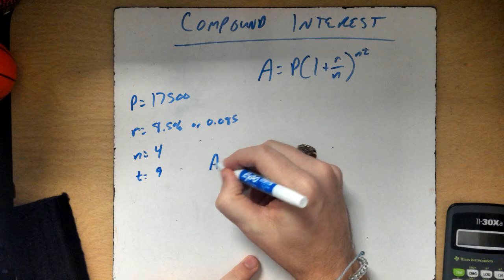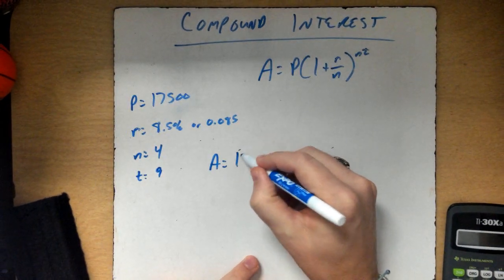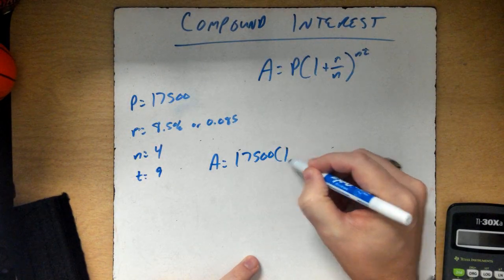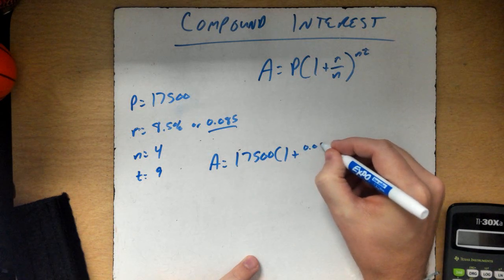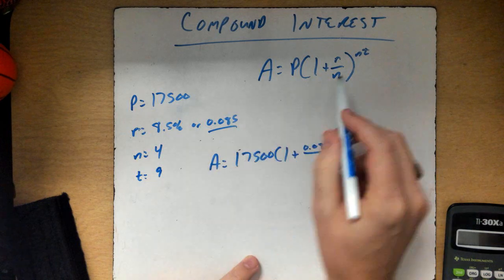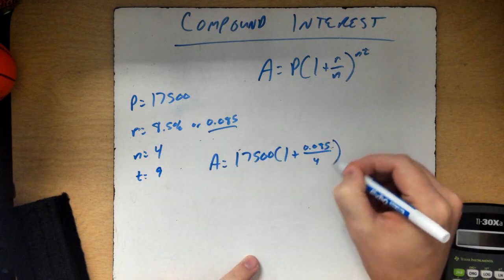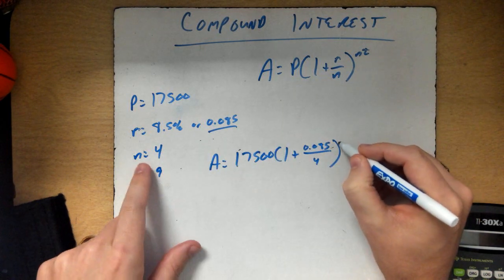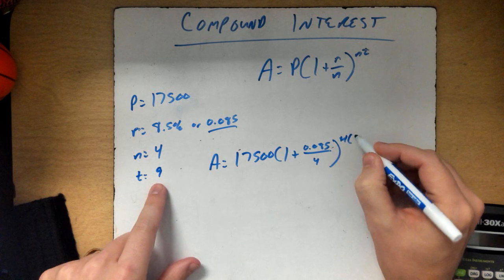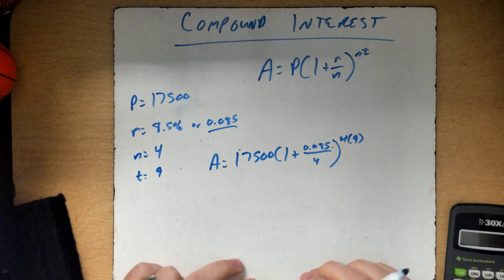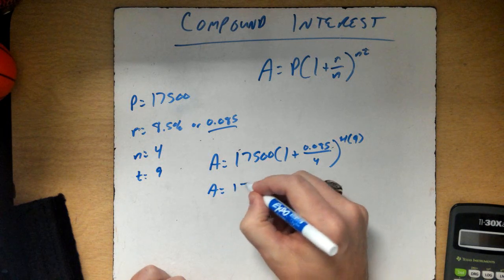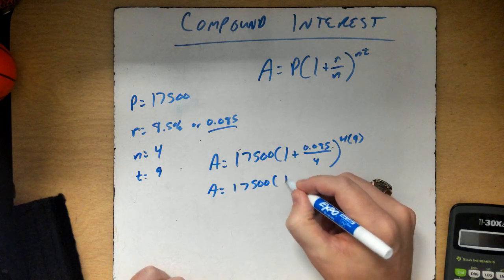So I'm going to write our equation out. A equals 17,500 times 1 plus my rate, which is the decimal, 0.085 over my N, which is 4, all to the N, which is 4, times T, which is 9. Alright, let's start solving. So A equals 17,500 times 1 plus.